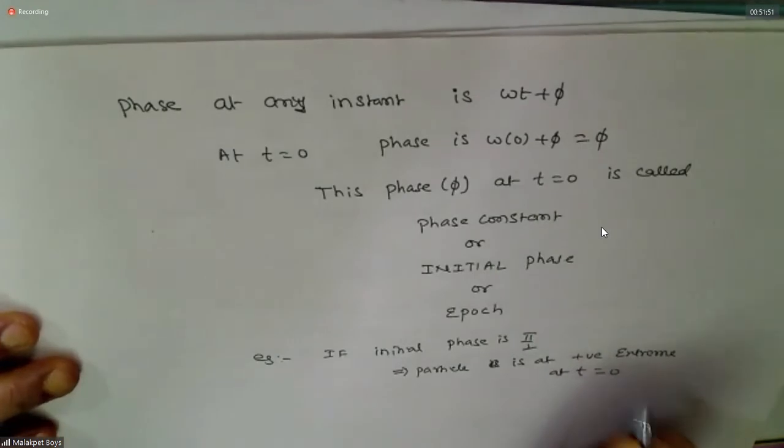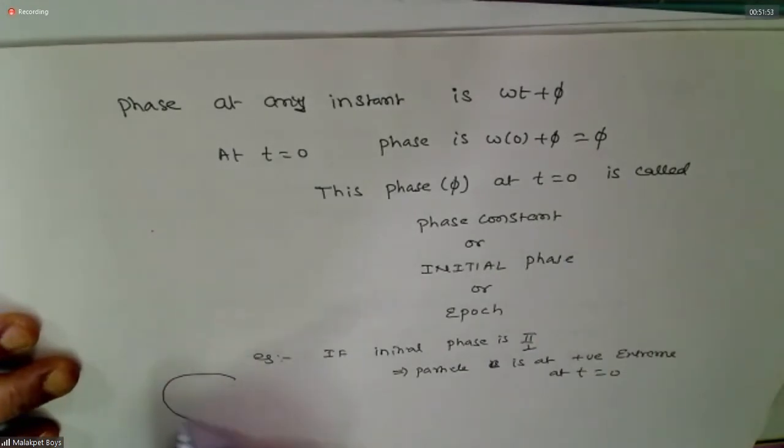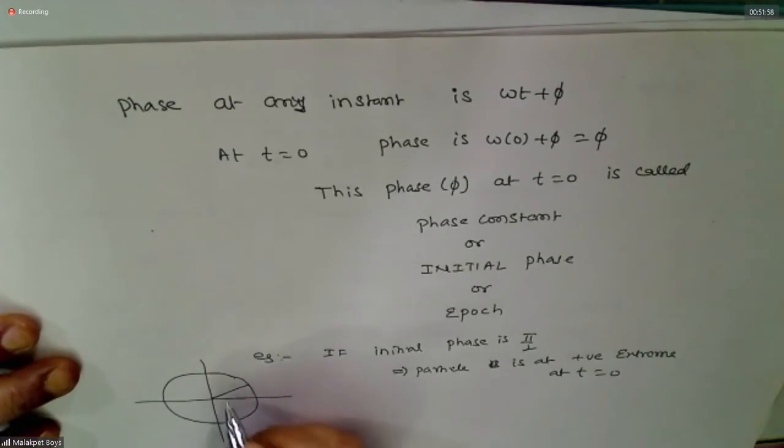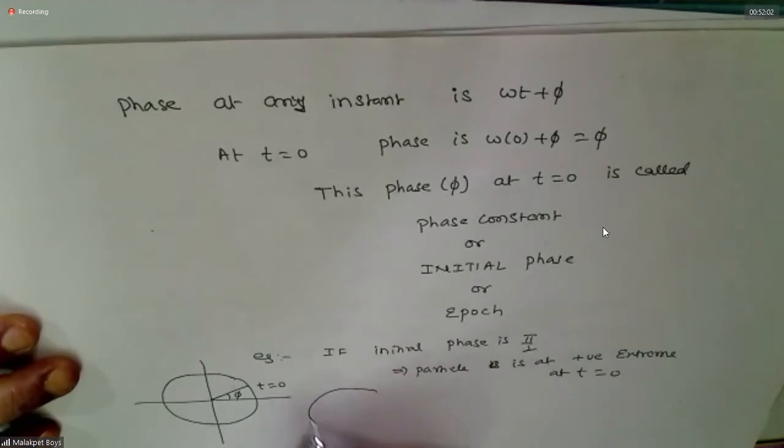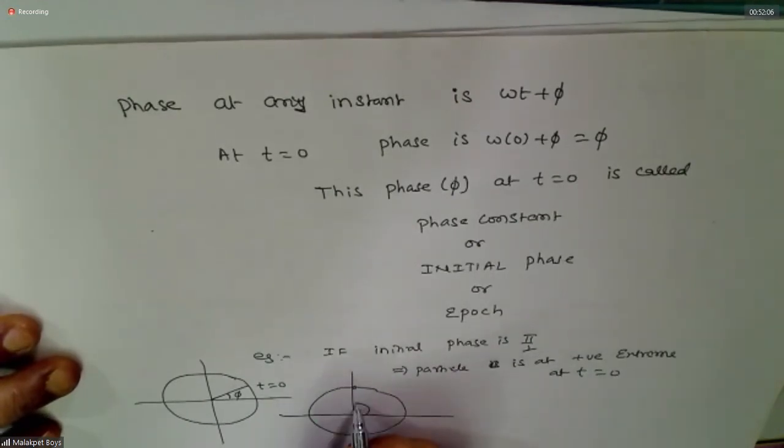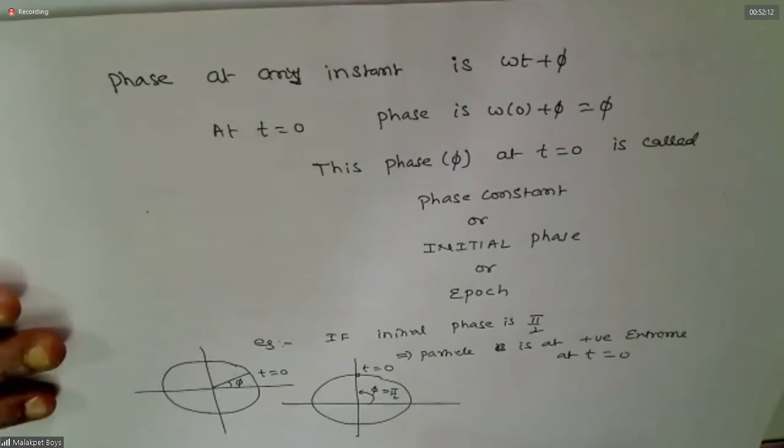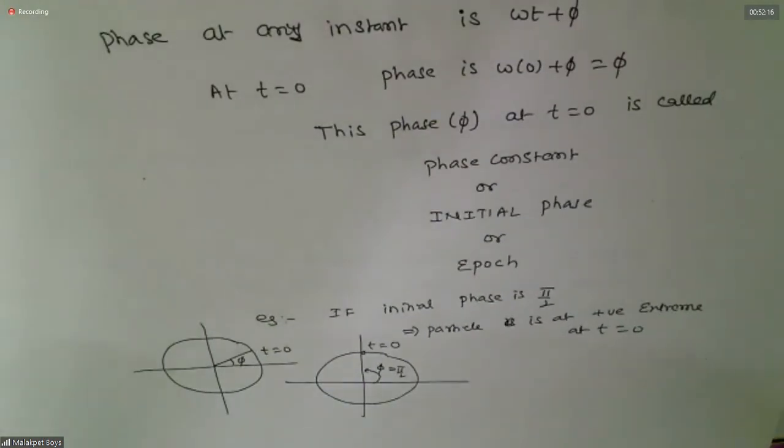Positive. See, remember that it's a circle. This is phi. Now at t equals 0, it is pi by 2, so phi is pi by 2, no? Clear? Clear, sir.